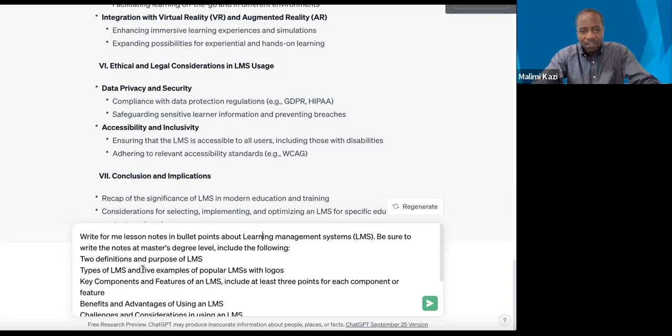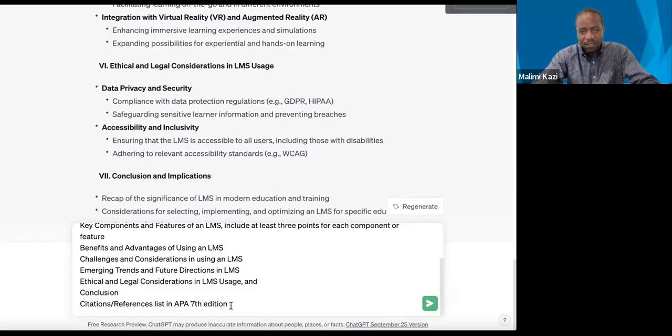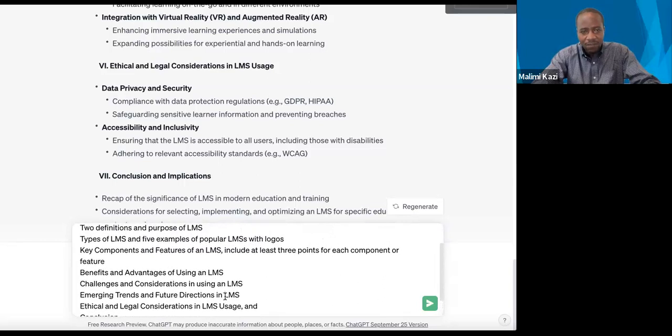So this time I want the system to include at least 5 examples of popular learning management systems with logos. I want to see if ChatGPT will follow that instruction as I wanted. And of course, I want to add one more thing here.